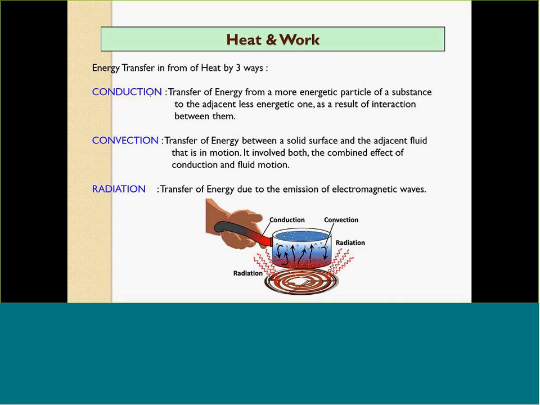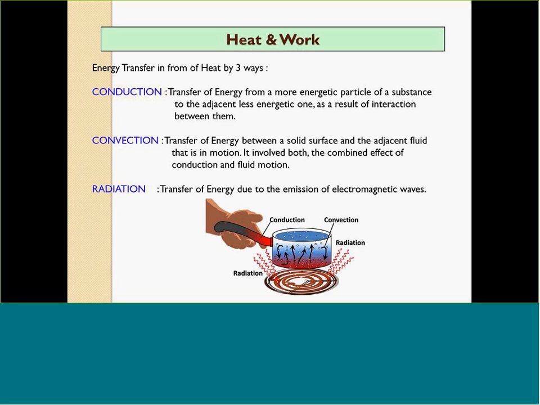There are three ways of transferring heat: conduction, convection, and radiation. Conduction is the transfer of energy from the more energetic particles of a substance. Let's say you have a pot and you fry fish. You can feel the heat, which is considered conduction. For the convection process, you have a solid surface and an adjacent fluid in motion, so this is a dynamic process.